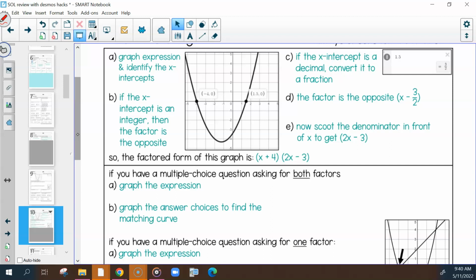What it really is, you set x equal to 3 over 2 and you solve. So you would multiply by 2 and subtract 3 so it's equal to 0 again.